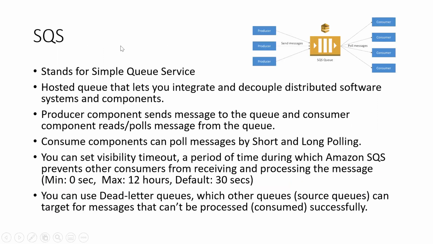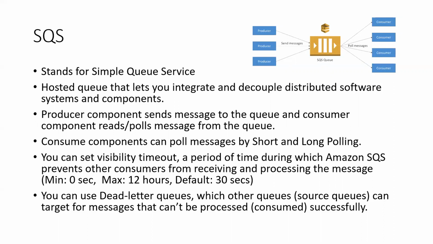So let's talk about the SQS service. As I said, it stands for Simple Queue Service, which is used to decouple your application. Decoupling means there are different components in the application, and it decouples them so that all the components can interact in a proper way.